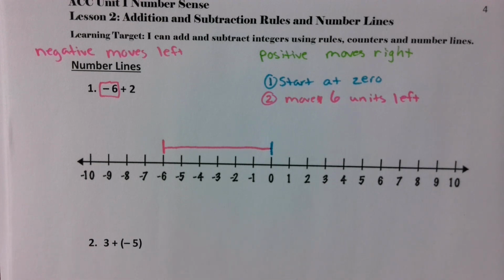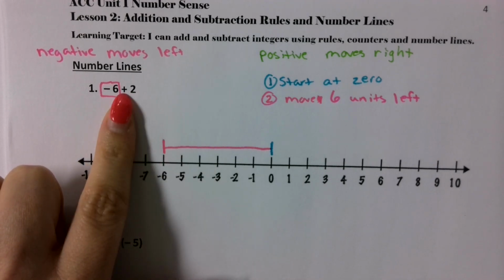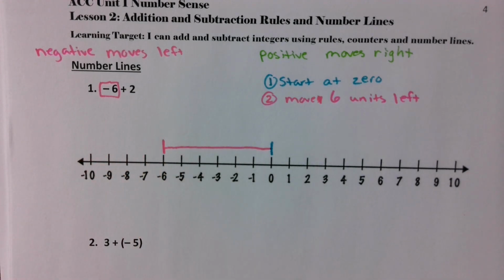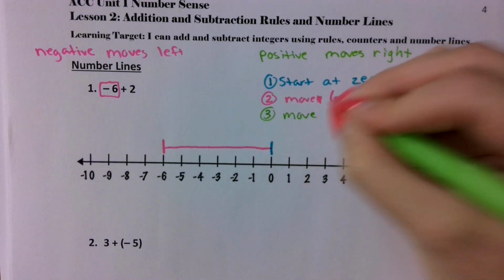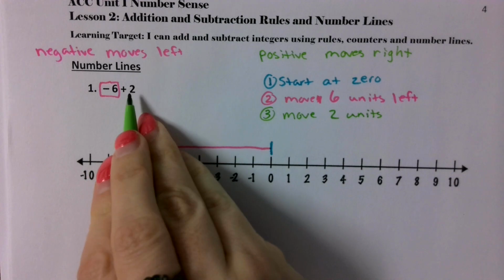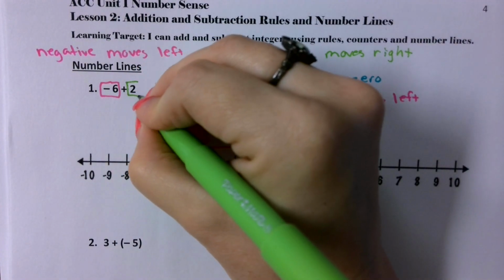Now, because I am doing an addition problem, I'm going to move whatever direction my second term tells me from negative 6. So I'm going to now move 2 units. Am I going to go to the right or to the left? To the right, because 2 happened to be a positive.